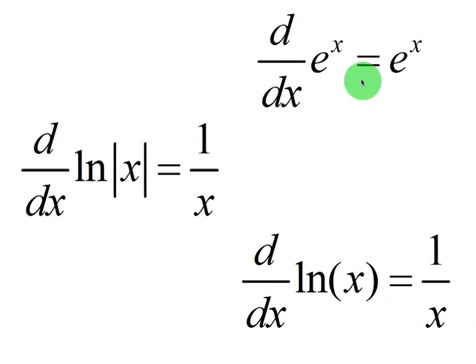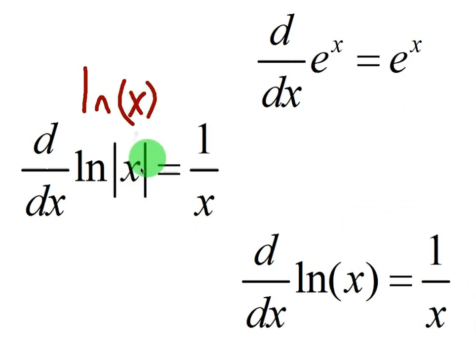Again, I did a proof for that before. The other two I don't have proofs for, I'm sorry. I know you guys love proofs so much and you want to see them, but the second one, the derivative of natural log of absolute value of x is equal to 1 over x. It's technically the same as ln x, without the absolute value bars. The reason we do that, though, is because you can't take the log of a negative number.